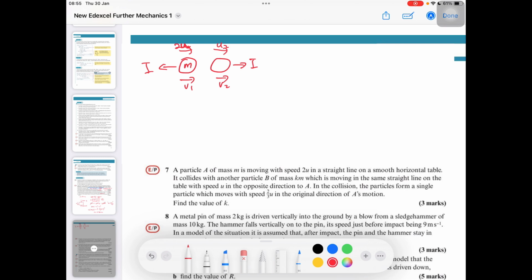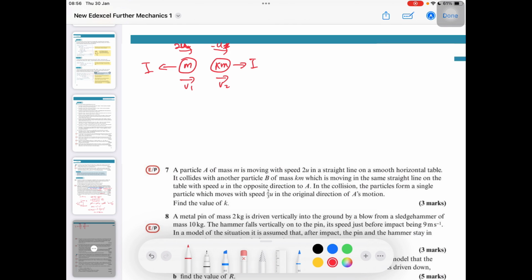It collides with another particle B of mass km, speed u, in the opposite direction, but it is like a negative u because it's opposite. In the collision, particle A has speed 2 over 3 u in the original direction of motion.